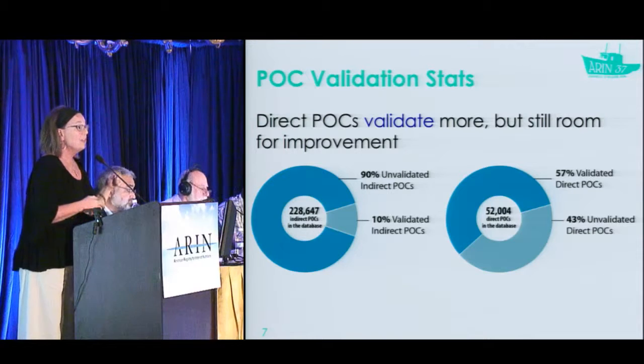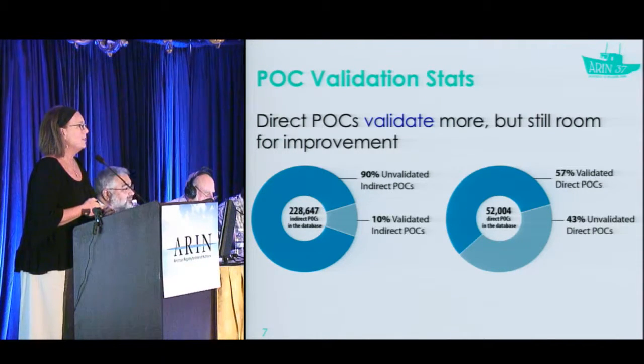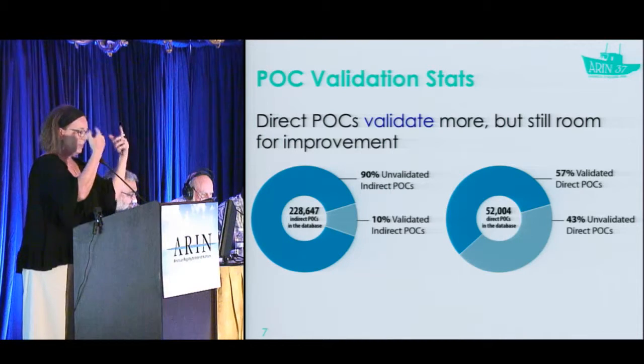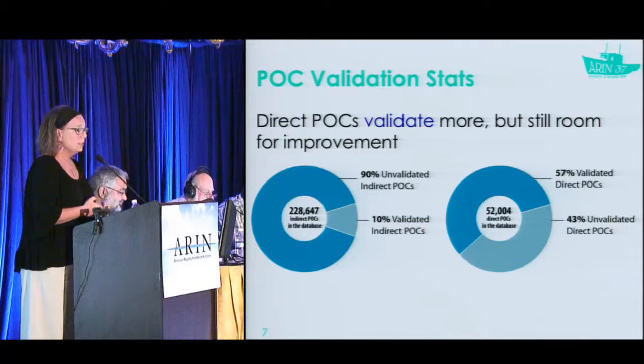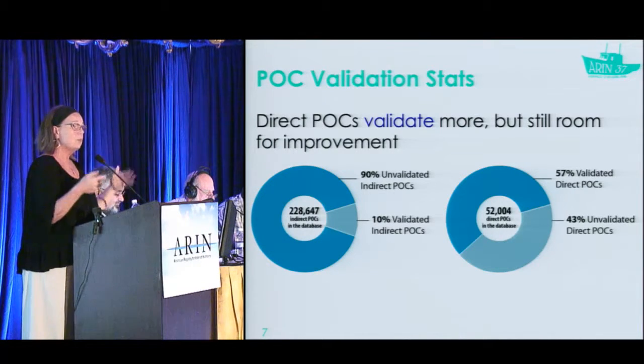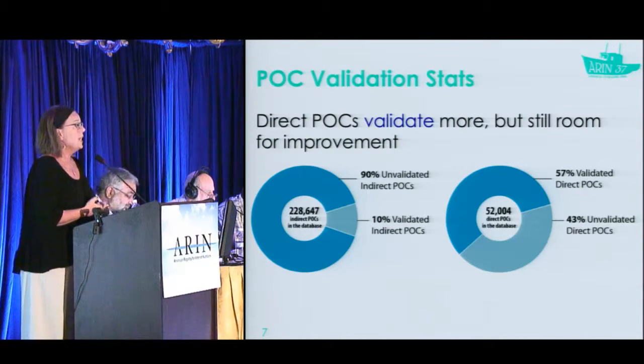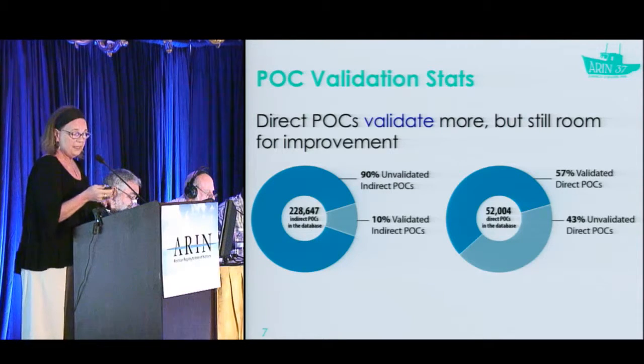So there's over 250,000 orphan POCs in ARIN's database. So it kind of mucks up the whole process. So we're working on a project, I am, to start eliminating orphan POCs, and we're setting some business rules, et cetera, and that hopefully will clean up the data just a little bit.